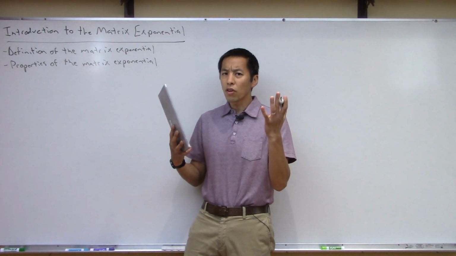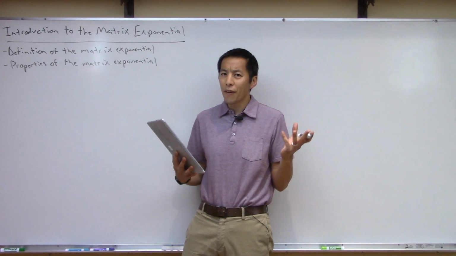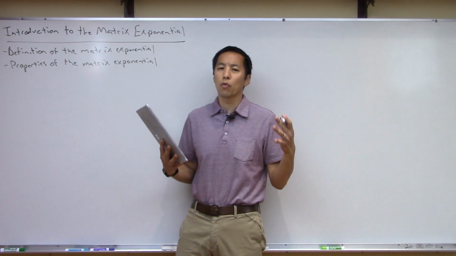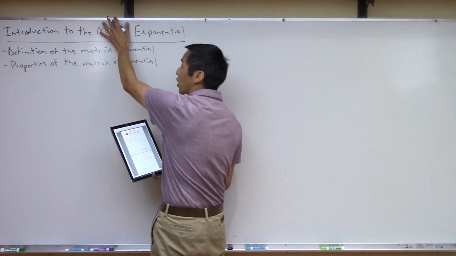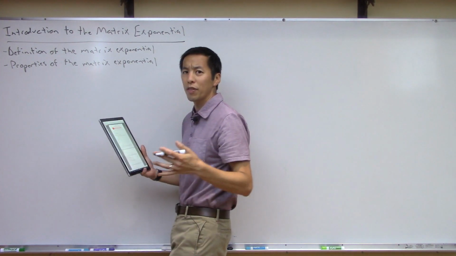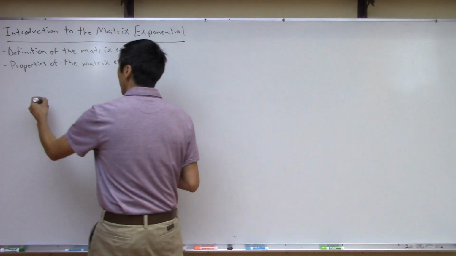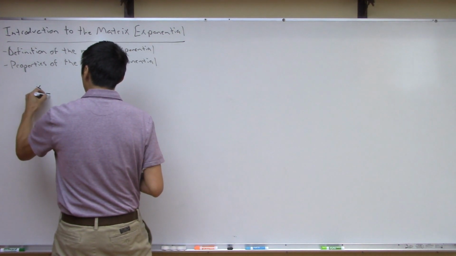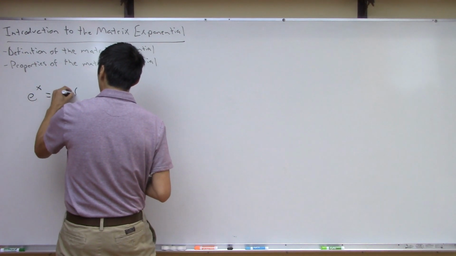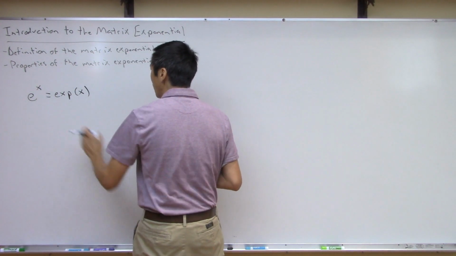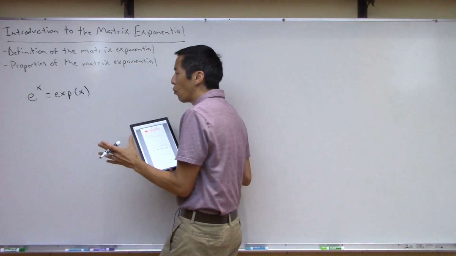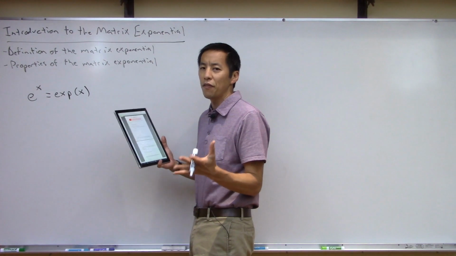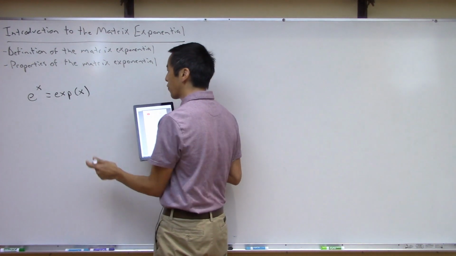All right, so let's start with the definition of the matrix exponential. In fact, let's back up and recall the definition of the normal exponential. If you just took this word matrix out, I think everyone knows what the exponential function is. It's e to the x, sometimes written exp of x. All of this is shorthand notation, because mathematicians are lazy and don't want to write out the full infinite series definition of what this function looks like.